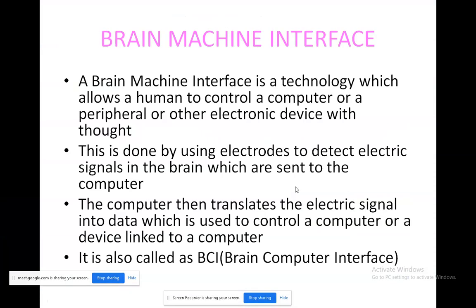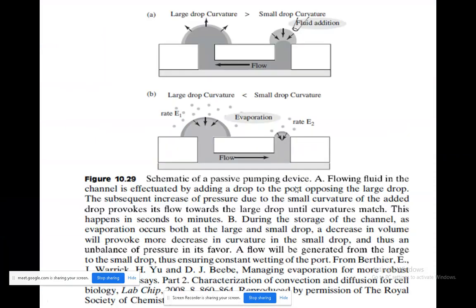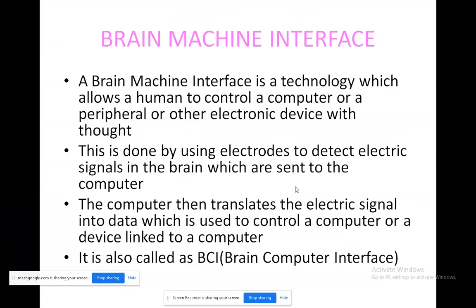Then brain machine interface. So brain machine interface is about what you think, and what the nerves in the brain are stimulating. Based on the stimulation of the brain, what activity is going to happen.